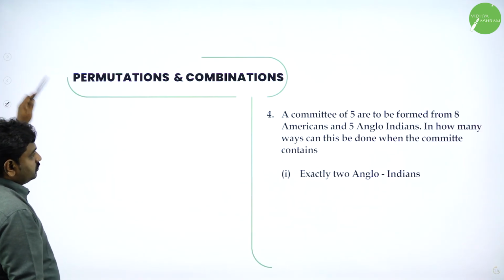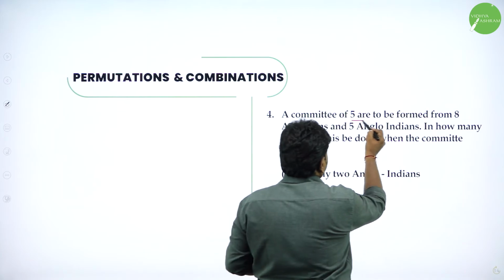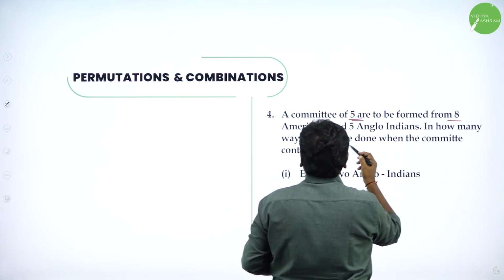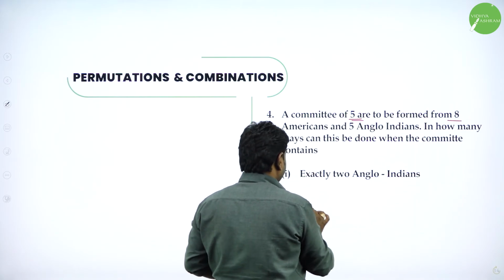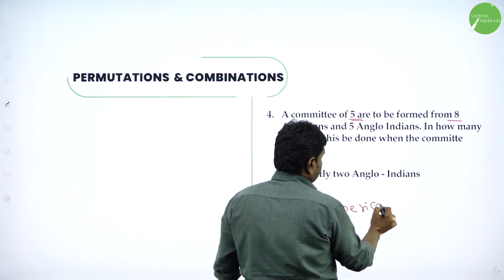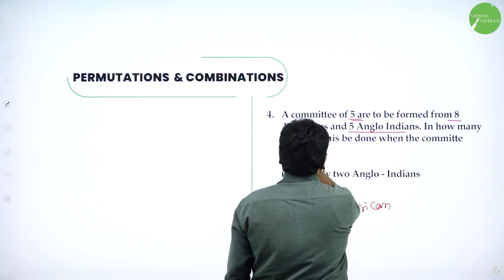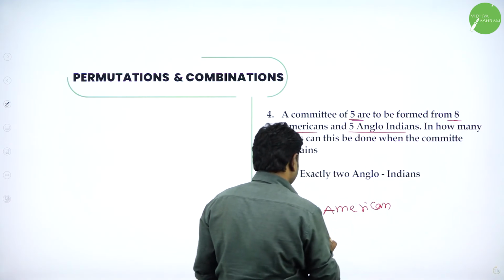Then a committee of 5 is to be formed from 8 Americans and 5 Anglo-Indians.